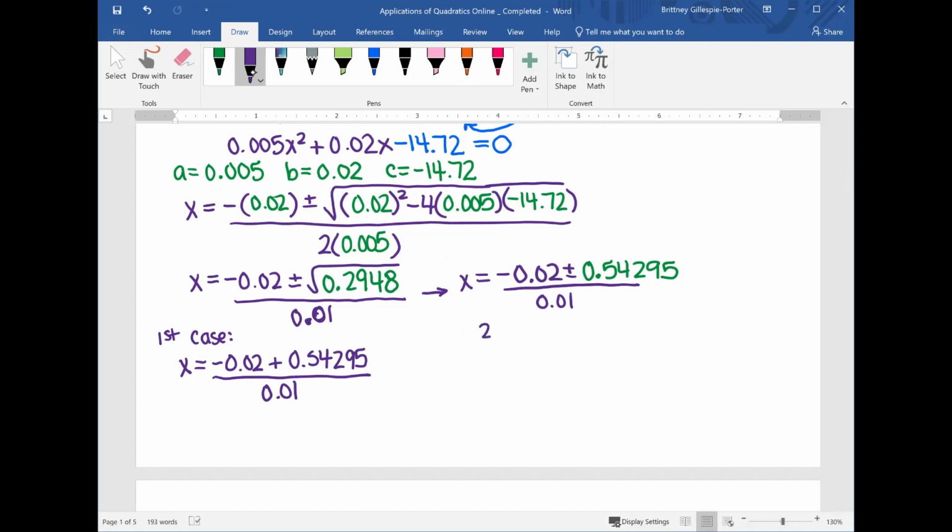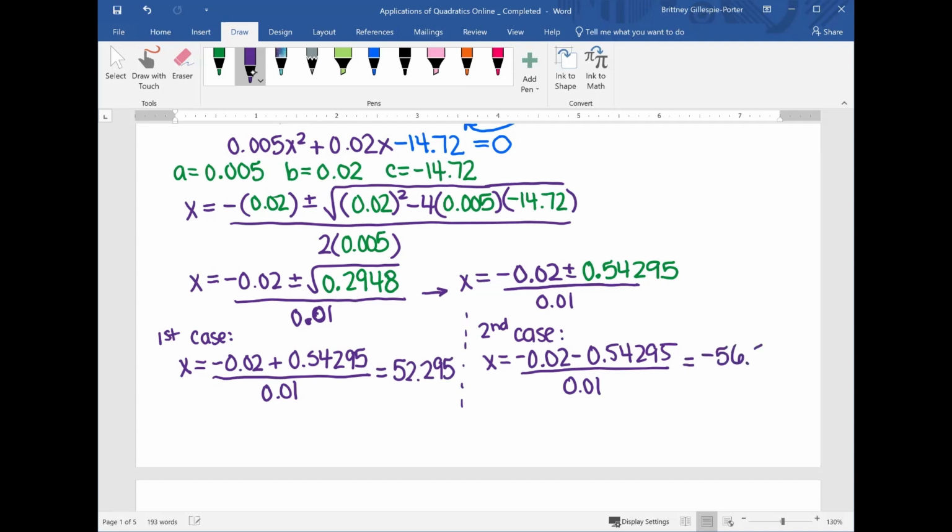And our second case is x is equal to negative 0.02 minus 0.54295, all over 0.01. Our first case gets us to 52.295. Our second case gets us to negative 56.295.